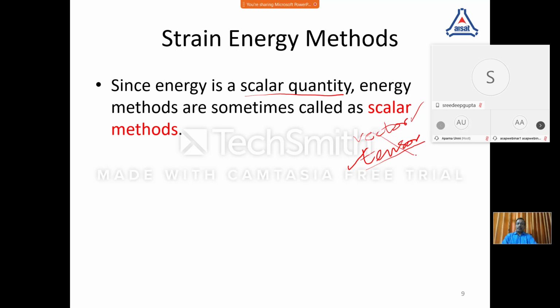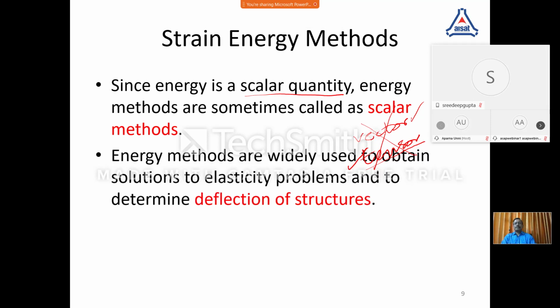So here, we need not use any tensor or vector. We will be using just a scalar method, just like our arithmetic calculations. We only need to manipulate the magnitudes, so it is relatively easier.